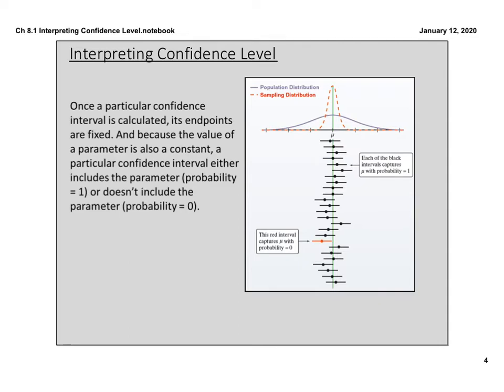It says once a particular confidence interval is calculated, its endpoints are fixed. And because the value of the parameter is also a constant, a particular confidence interval either includes the parameter or it doesn't. So if I look at all of these confidence intervals, the theory here is that each one of these is a different confidence interval. The black confidence interval shows you what the statistic is, and it shows you where that confidence interval lies.